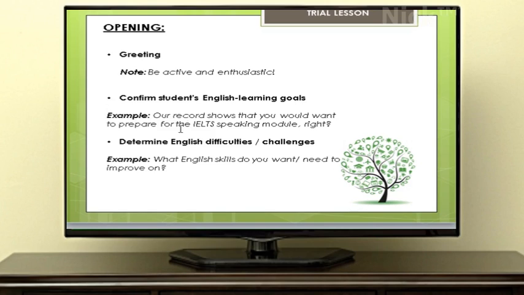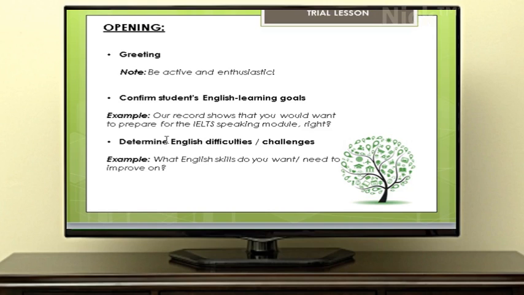You have to base it on the learning intention indicated on the website and ensure that what we have on the website on their class details is actually what they'd really want to learn. Also determine their English difficulties or the challenges that they face when they're learning English so that we can give them some specific advice along the way.